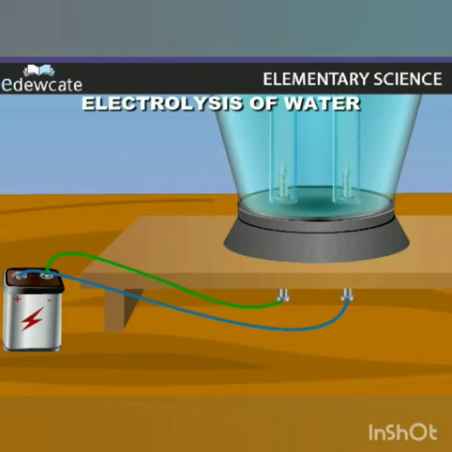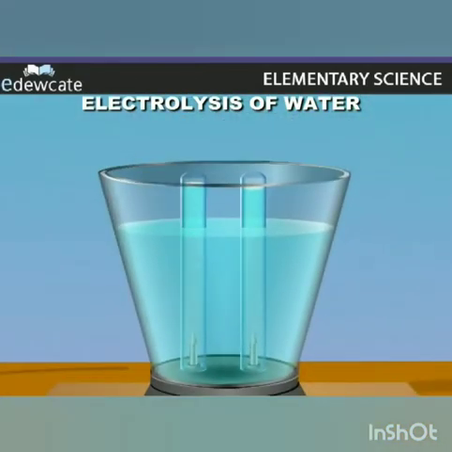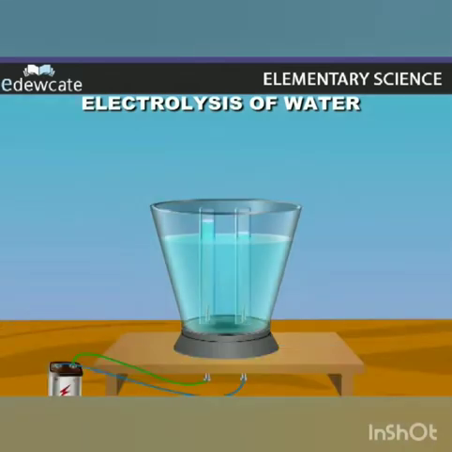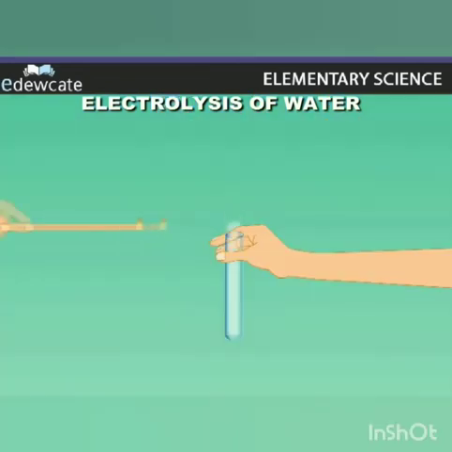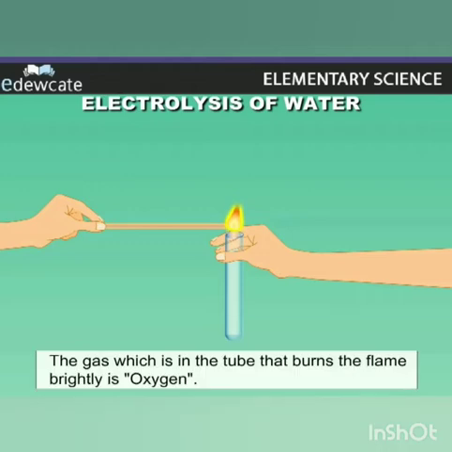You can see that gases are produced in the 2 test tubes. After 30 minutes, examine the volume of each gas formed in the test tubes. Are the volumes of gases equal? Introduce a glowing splinter into the test tube in which less amount of gas is formed. The splinter burns brilliantly. Therefore, we can say this gas is oxygen.